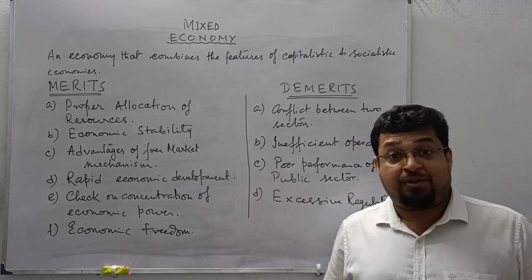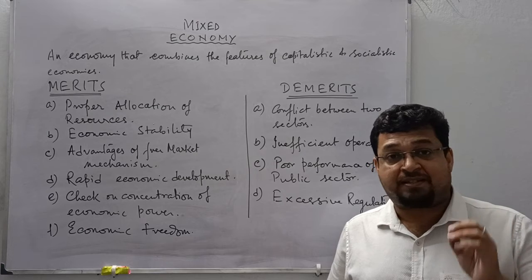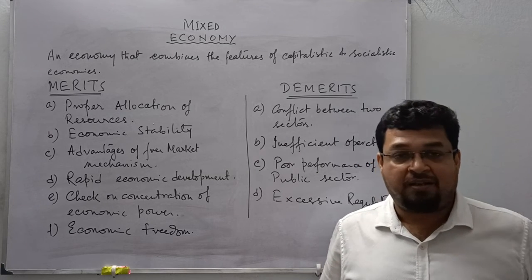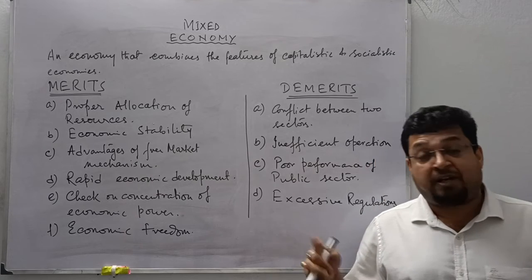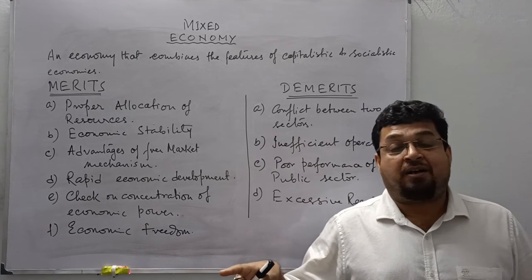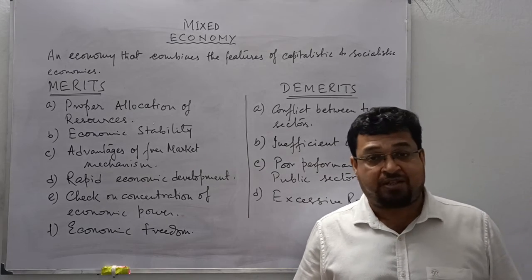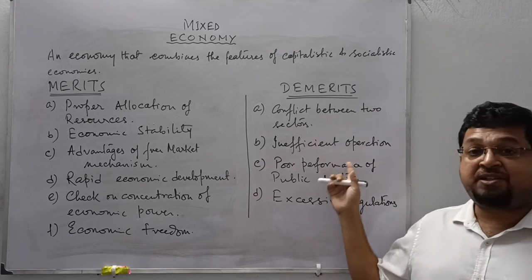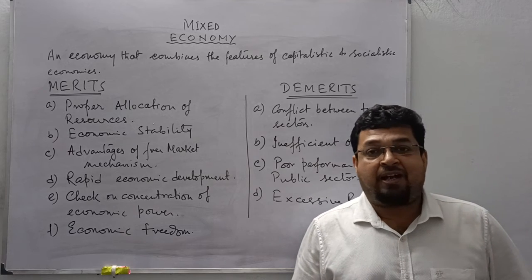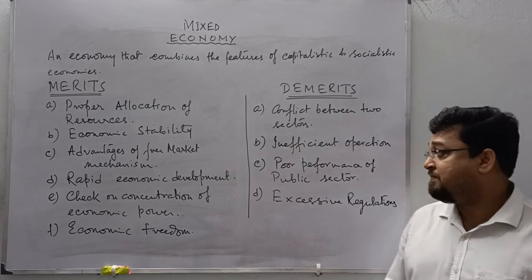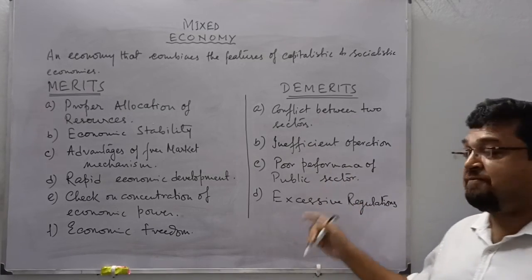Now there are some good things also, but if the operation is for the growth of the firm, that may add to the growth of the economy too, but because of some excessive restrictions, there may be inefficient operation.